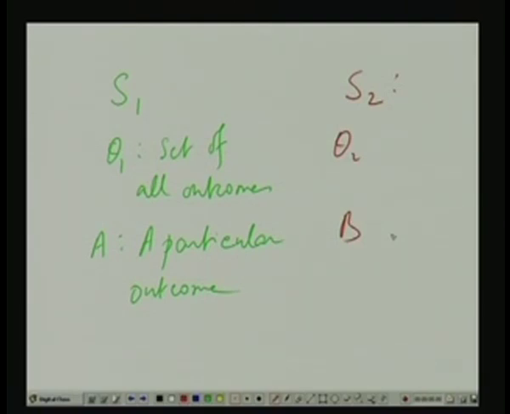Okay. In that case, we have seen one result about the joint probability of this event. Instead of calling A an outcome, it will be more general if we say A is an event, that is a set of outcomes, and B also is an event. So, let me erase it.